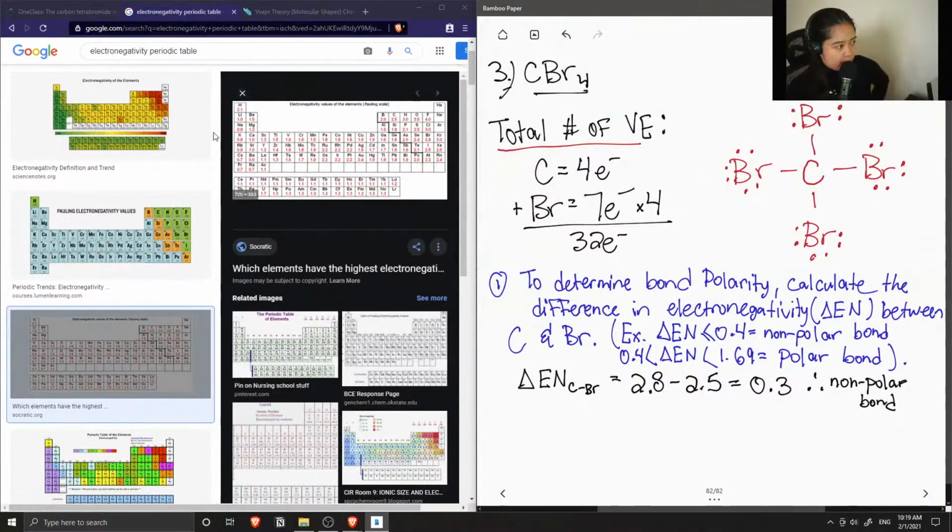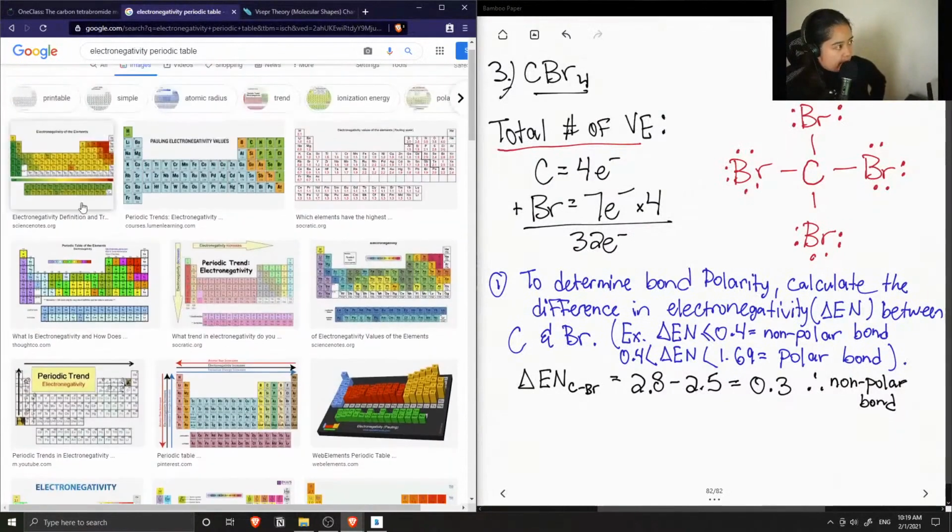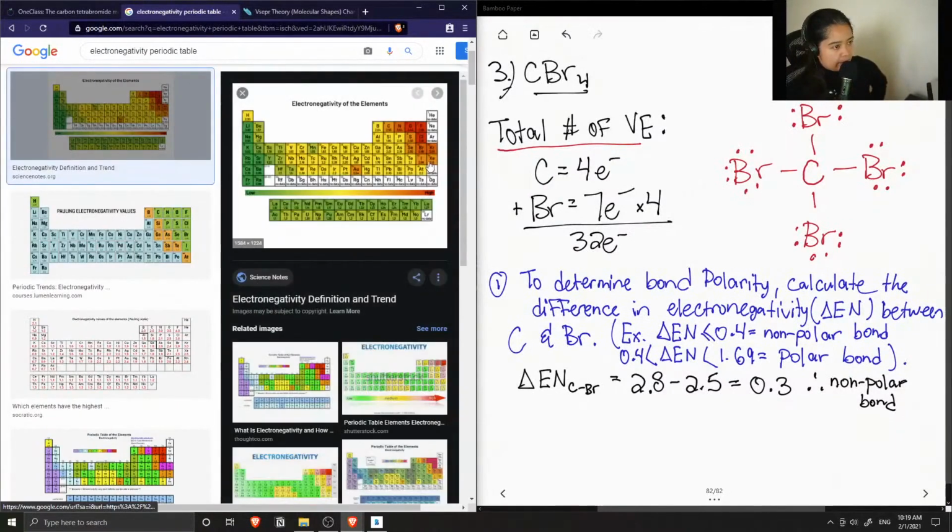Let's look at another reference just in case, since a lot of the times people will have different values. So here, 2.98, 2.55, yeah, so it's still around the same value.